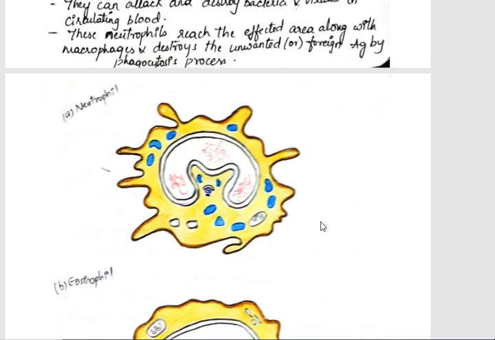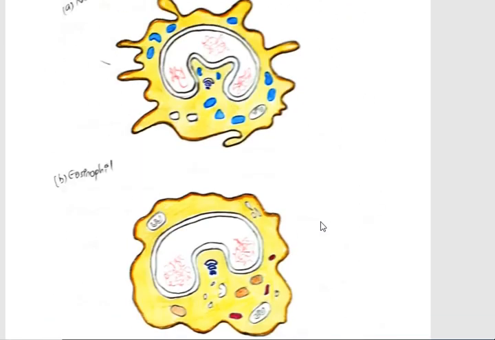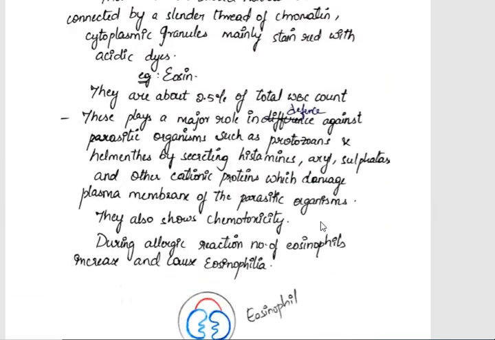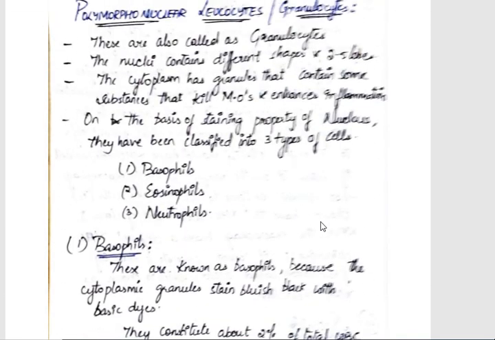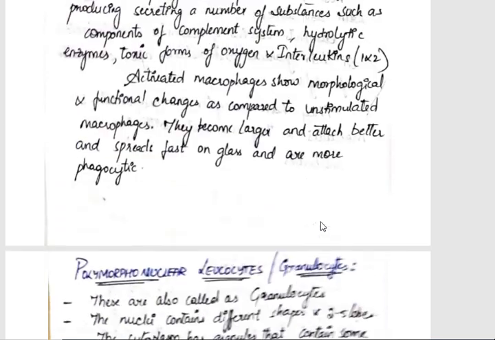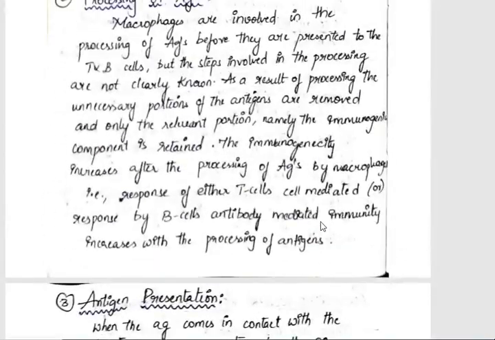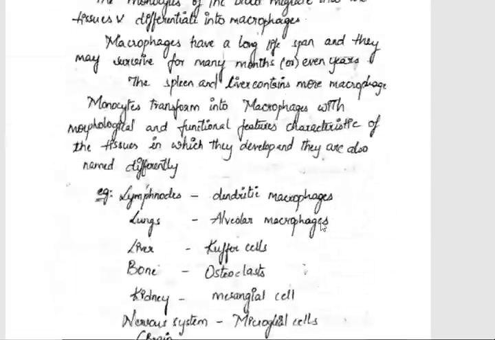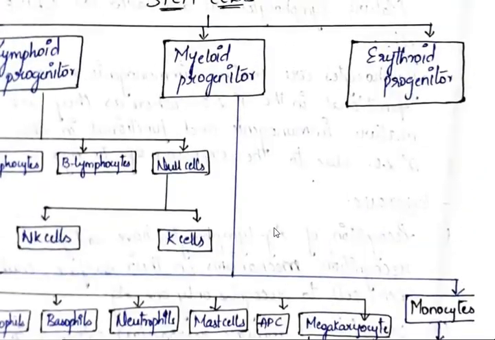So these are the different types of cells involved in our immunity, and that's how we finish all the types of cells of immunity. In the previous part, we went through the lymphoid lineage, that is lymphocytes, the different types of lymphocytes, and in this part we went through the myeloid lineage.